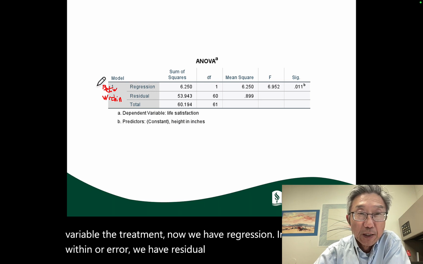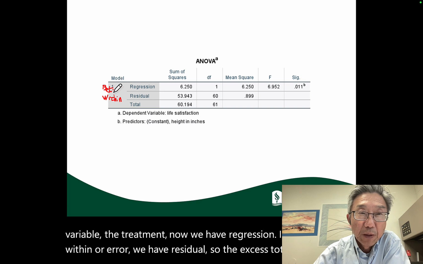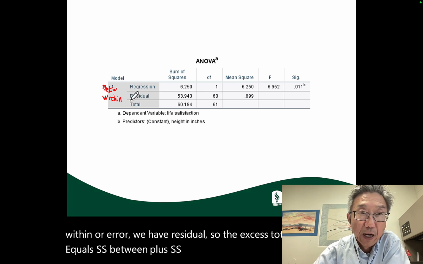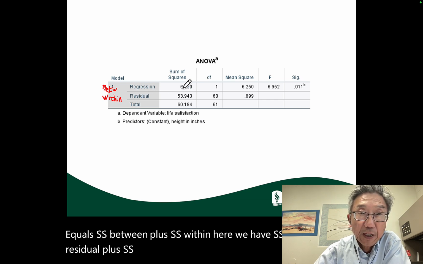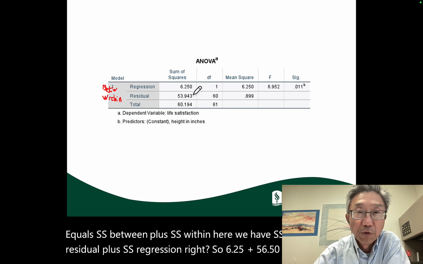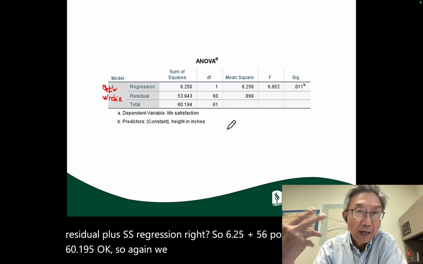So the SS total equals SS between plus SS within. Here we have SS total equals SS residual plus SS regression. Right? So 6.25 plus 53.943 equals 60.195. Okay, so again, we have this kind of very nice relationship.